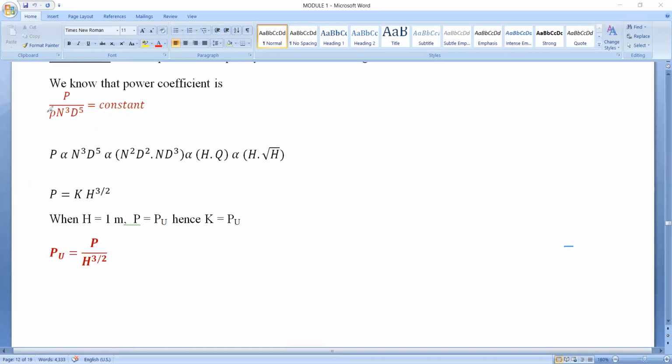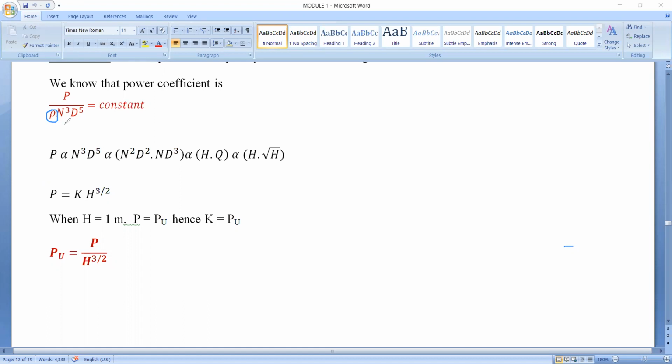Rho is constant because we are considering a turbo machine handling an incompressible fluid, say for example water. So density remains constant for water. But if the turbo machine is using air or another gas as the working fluid, we can't take rho as constant. Rho is variable there.